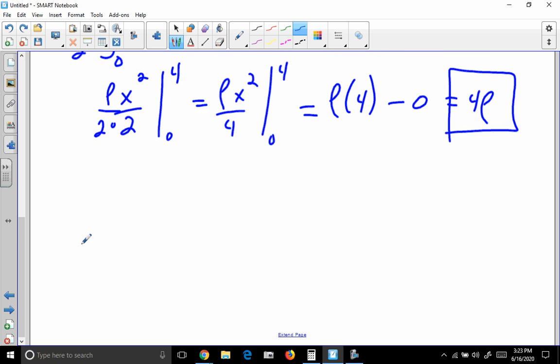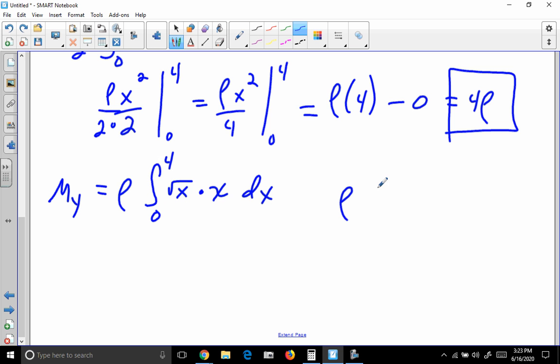Now we need the moment measured from the y. So that's rho times the integral of f minus g times x dx, and we're going from 0 to 4. We can remember that one's rho, a to b, f minus g times x dx. So the square root of x times x, this is x to the 1/2, this is x to the first, so that's x to the 3/2.